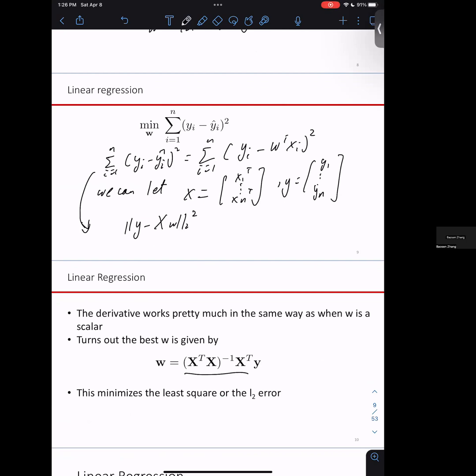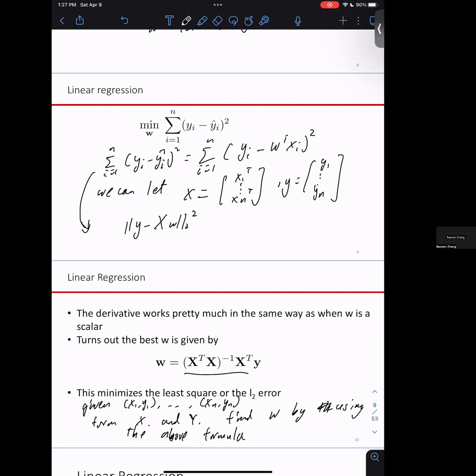The way we use it is, given a bunch of data, you have some pairs of data, and then you form X and Y, and find W by using the above formula. So it's pretty easy to use. There's really not that much to it in this calculation.